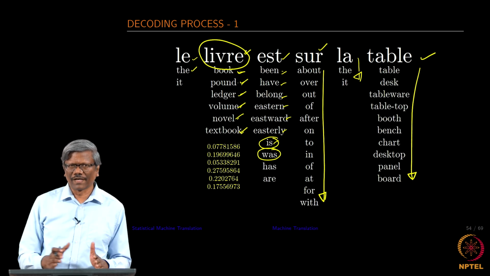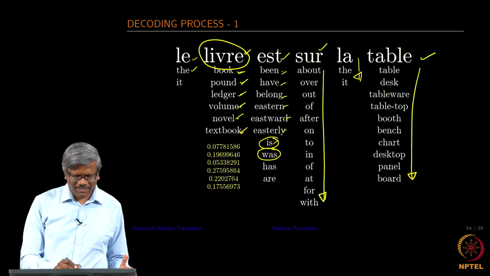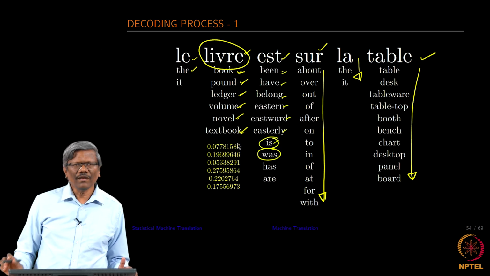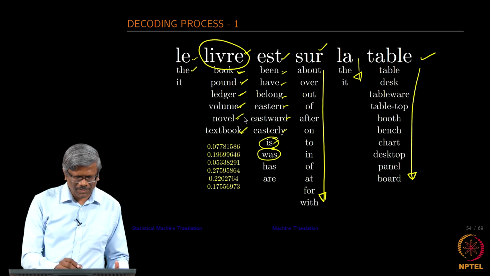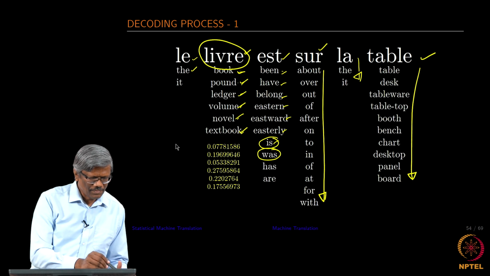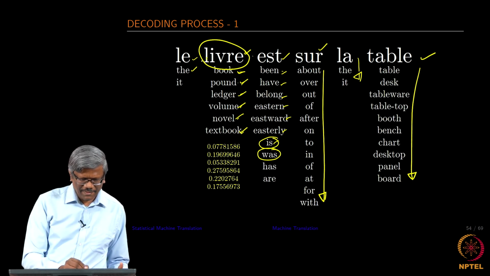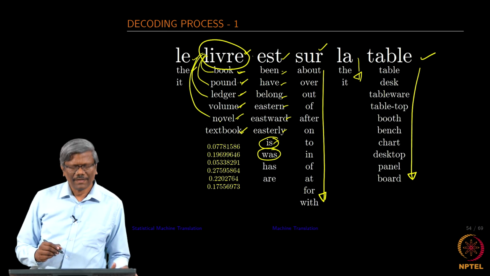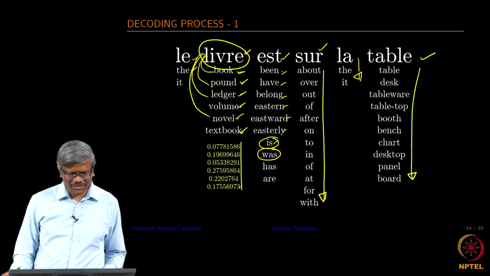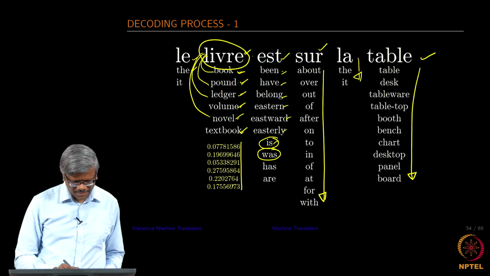Since we are not really looking at the context, it is possible that there will be some alignment that would have happened between this and this. I am sorry. Right. So, again you estimate the probability and then find out which one has the highest one and pick that up.